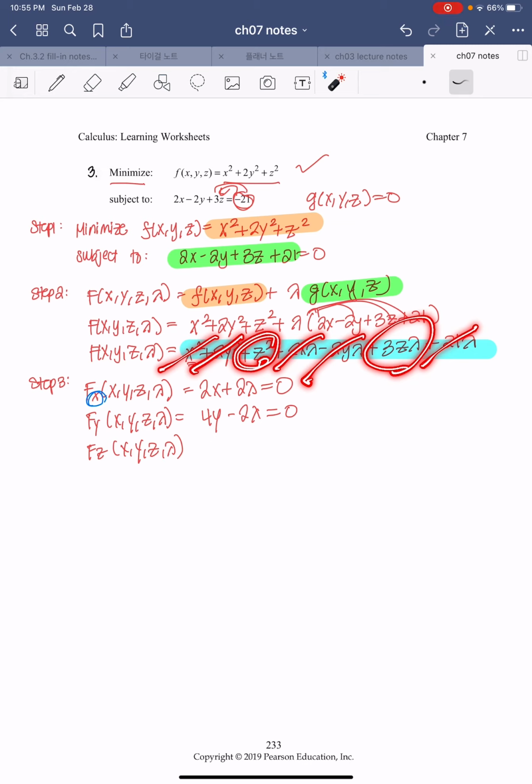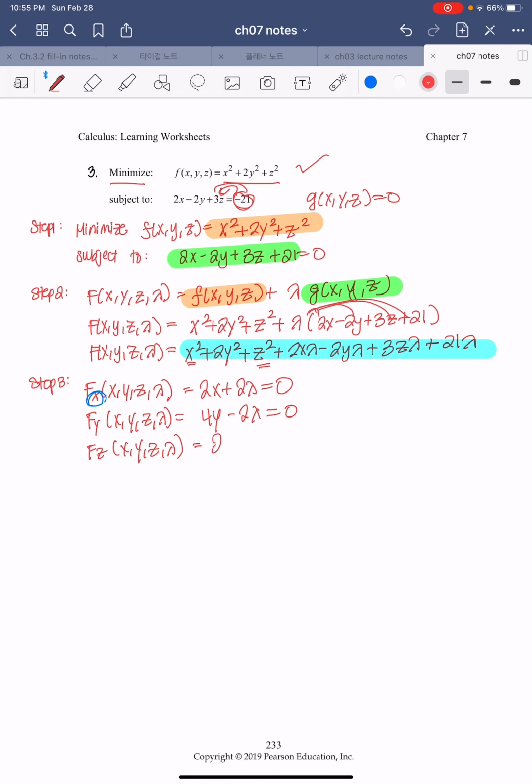These two are the only ones that I need to differentiate. Z squared, if you take the derivative, it's 2z. This right over here will be 3 lambda. So 2z plus 3 lambda equals 0.